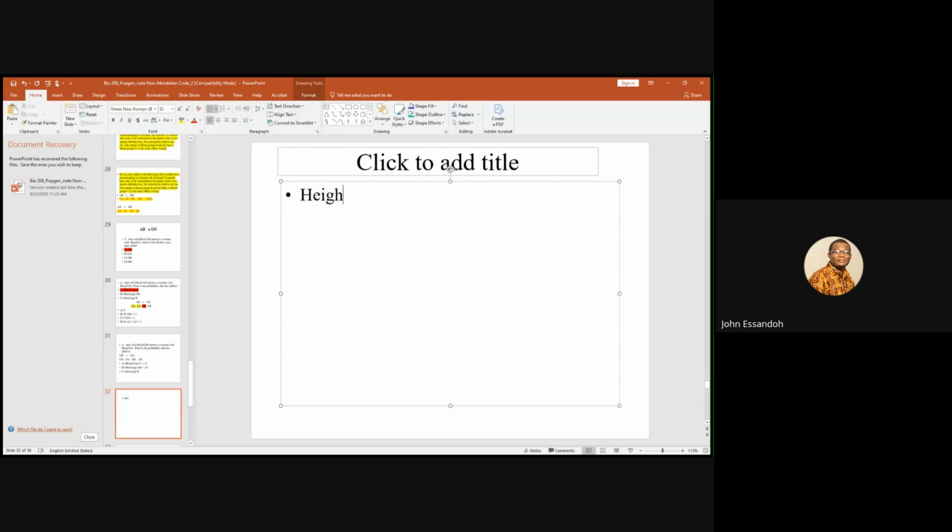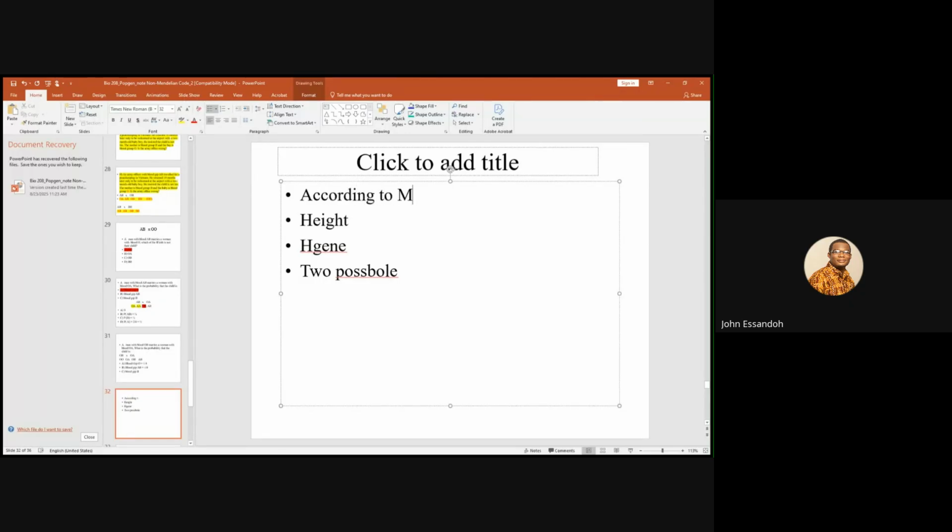Height will have a gene, maybe called the height gene, let me call that one H gene. What does this H gene do? It controls height. But this gene may have two possible alleles. That's according to Mendel.